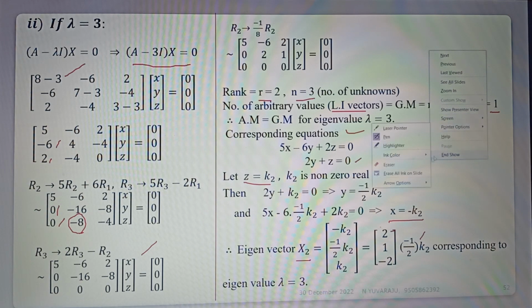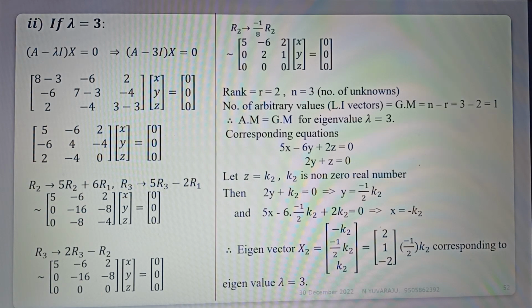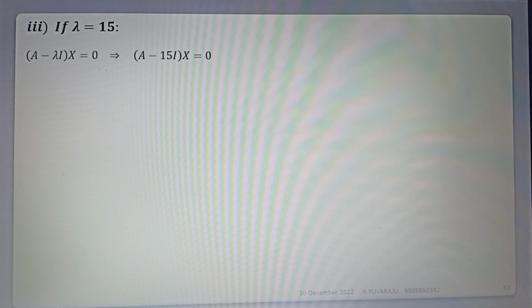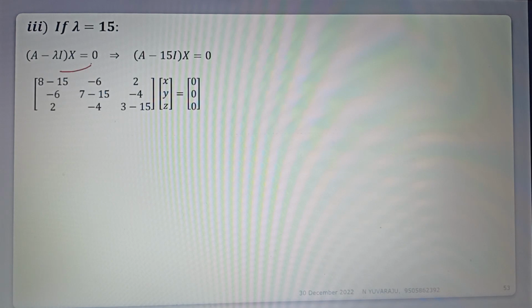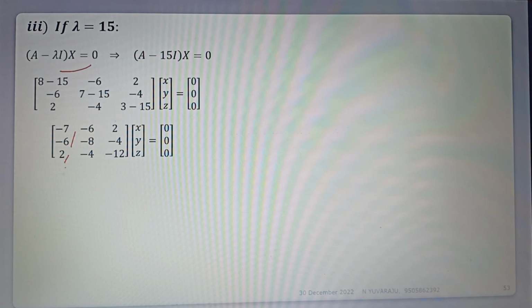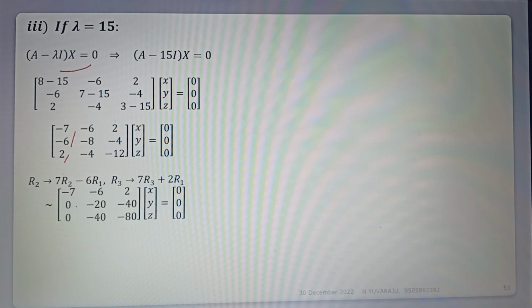Okay, this is the second one. Similarly, we have to find the third eigenvector. If lambda is equal to 15, then (A minus 15I) x is equal to 0. Using R1 to make the elements zero: 7R2 minus 6R1, 7R3 plus 2R1, so those elements become zeros.